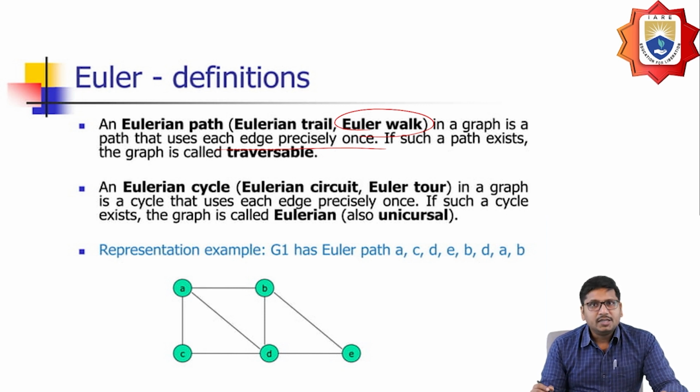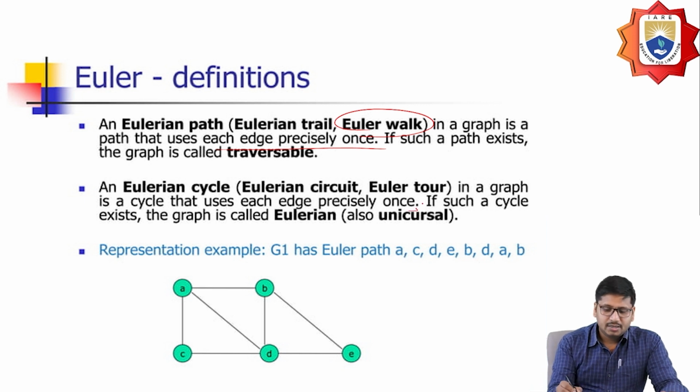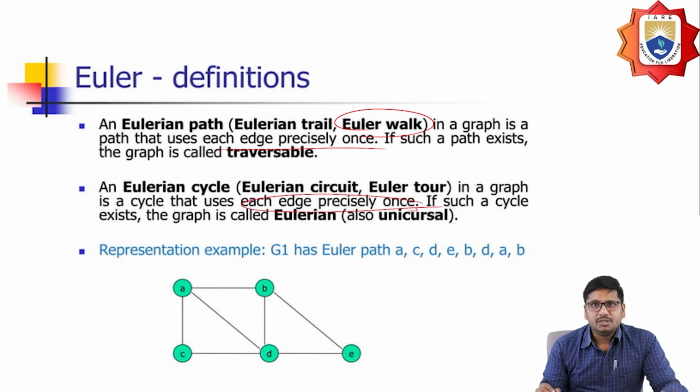And an Eulerian cycle, or Eulerian circuit, or Euler tour, in a graph is a cycle that uses each edge exactly once. If such a cycle exists, then the graph is what we call an Eulerian graph.